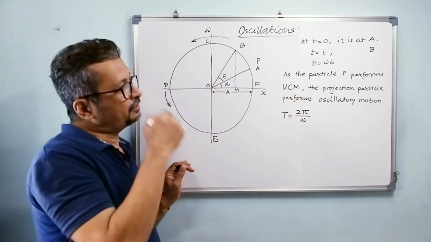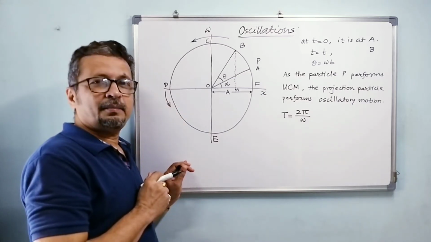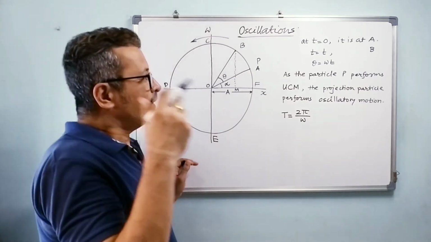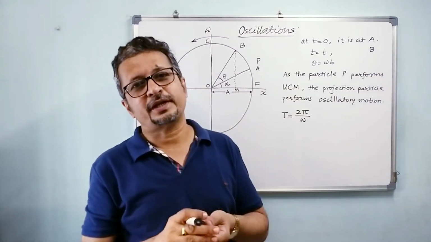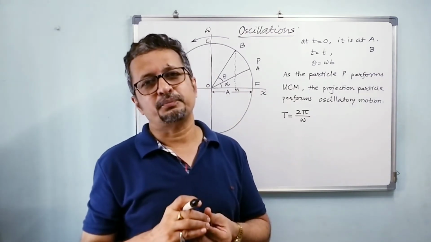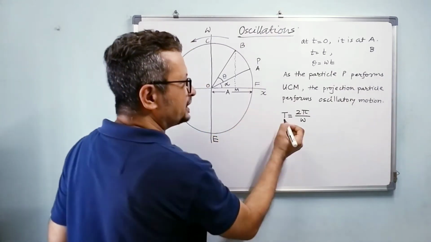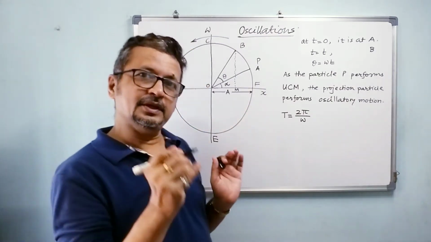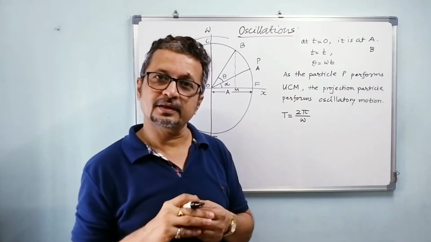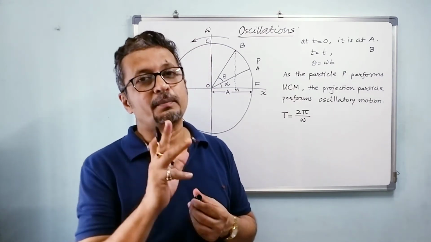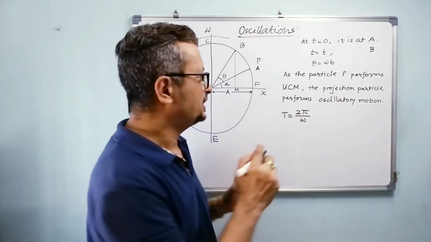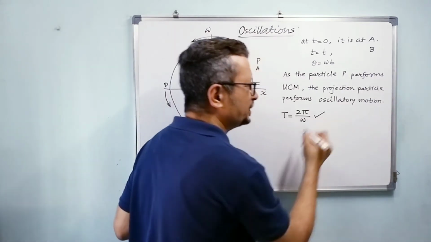Now the next thing is connecting this uniform circular motion with the oscillatory motion of the projection particle. So that means the time period of M is also the same. Correct? This projection particle also completes one oscillation in the same time period.